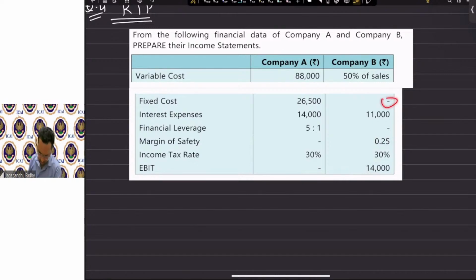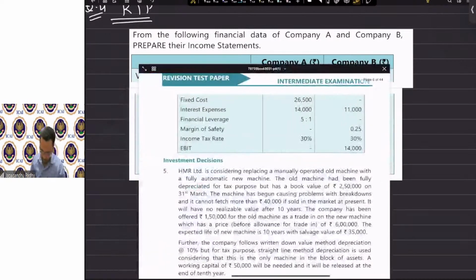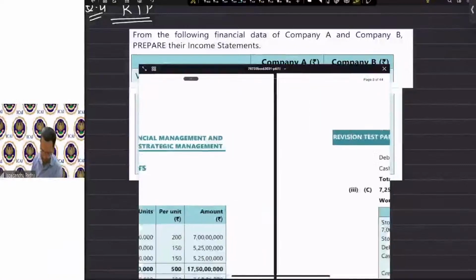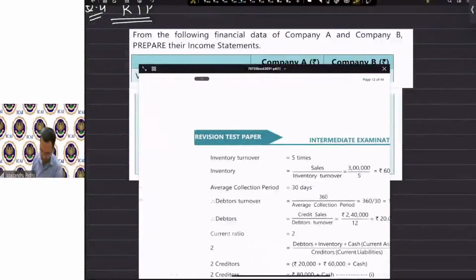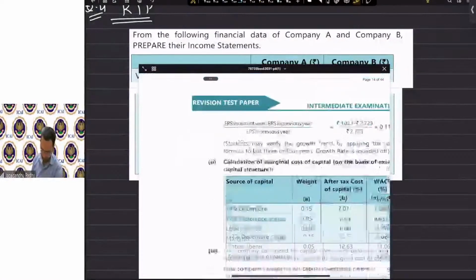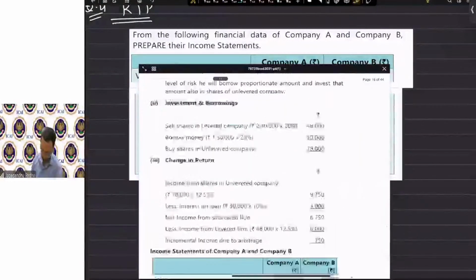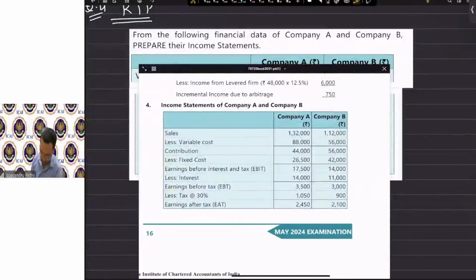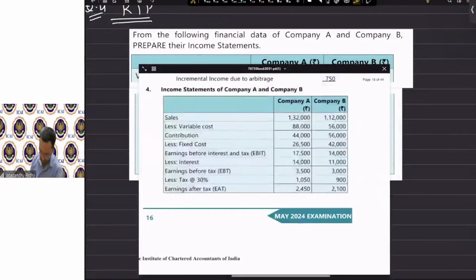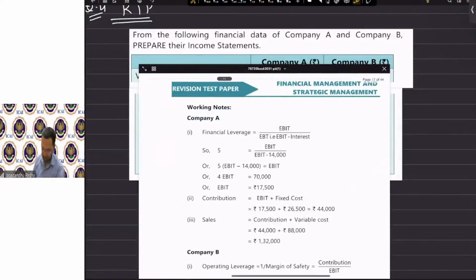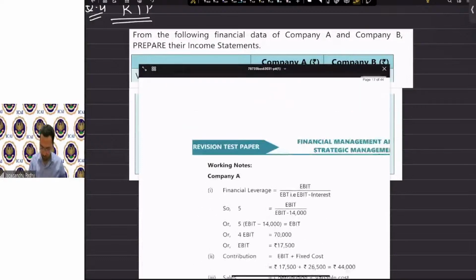So these dash numbers are something we have to compute. If you look at the solution for question number 4, we do have these fixed cost numbers. We need to calculate these aspects.